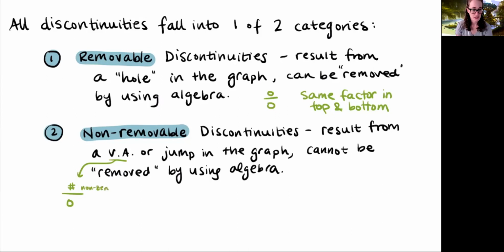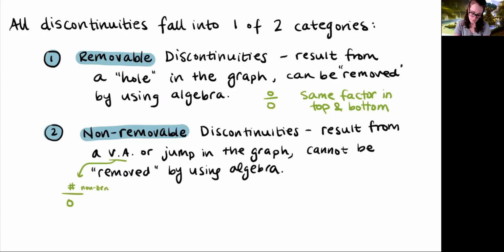A jump happens when, again, you have a piecewise function or something like that. So these aren't too hard to determine graphically. We do want to shy away from saying things like hole or vertical asymptote when describing a discontinuity. We want to use these fancy math words of removable and non-removable.